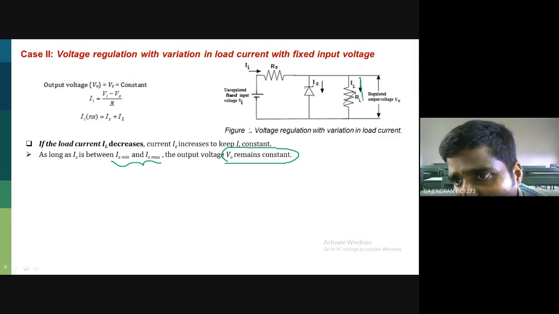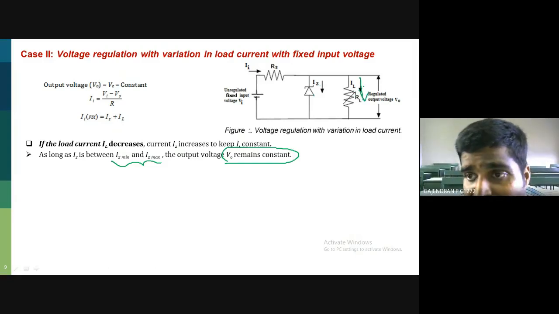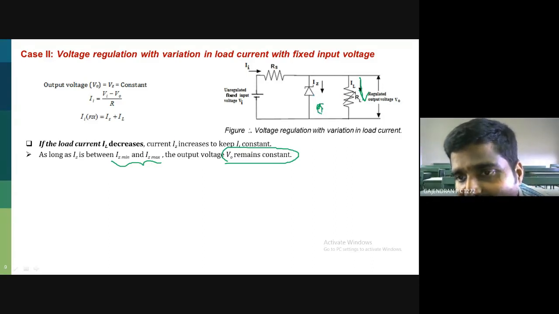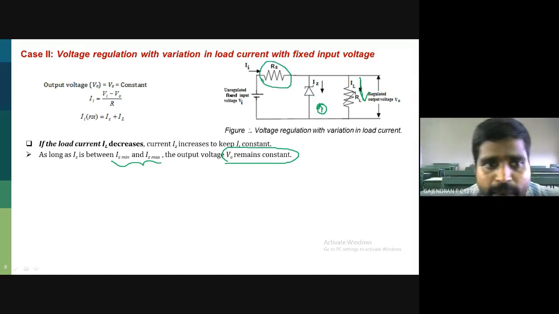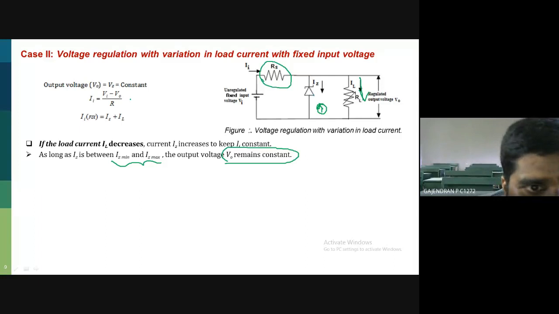So we decrease this load current. When I decrease it, I am going to increase the Zener current. By increasing the Zener current, I am going to maintain the constant voltage drop. So if I make constant voltage drop in my system, and I keep the current constant, obviously my output voltage stays constant.